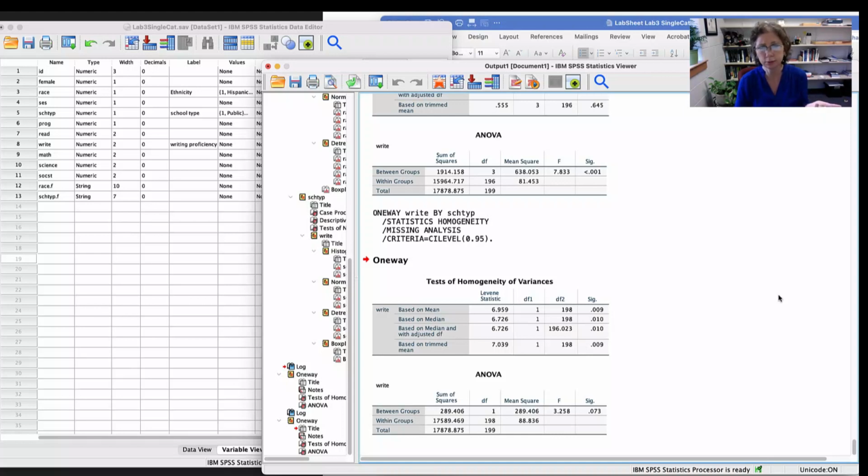And the distribution is not normal, so we could use the other one, but no matter what, all of them are significant. So there is a significant violation of homogeneity of variance when we're talking about school types, so between public and private.